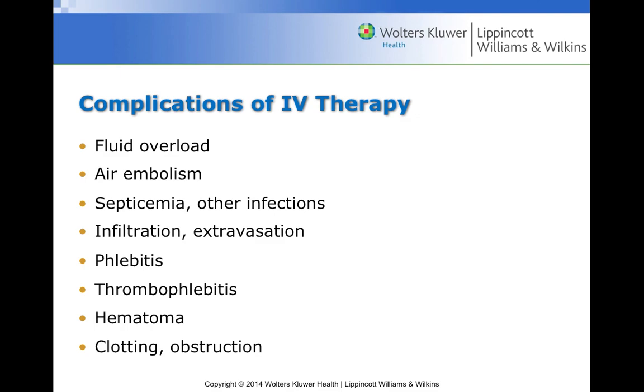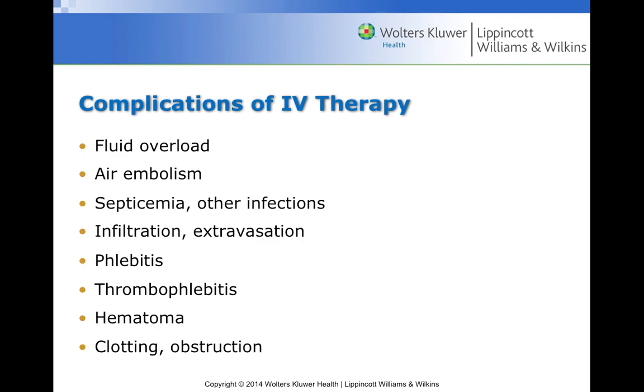However, if the catheter tip has pierced the wall of the vessel, the fluid will seep into the tissues and flow into the vein. So although blood return occurs, infiltration may have occurred as well. So if the IV is infiltrated, please stop the fluids, okay? And you want to start a new site and locate a new site.